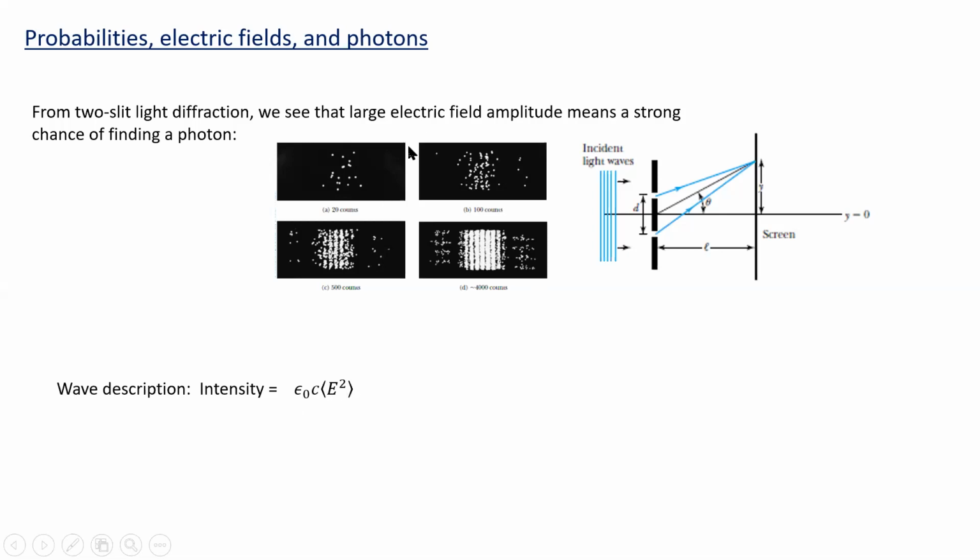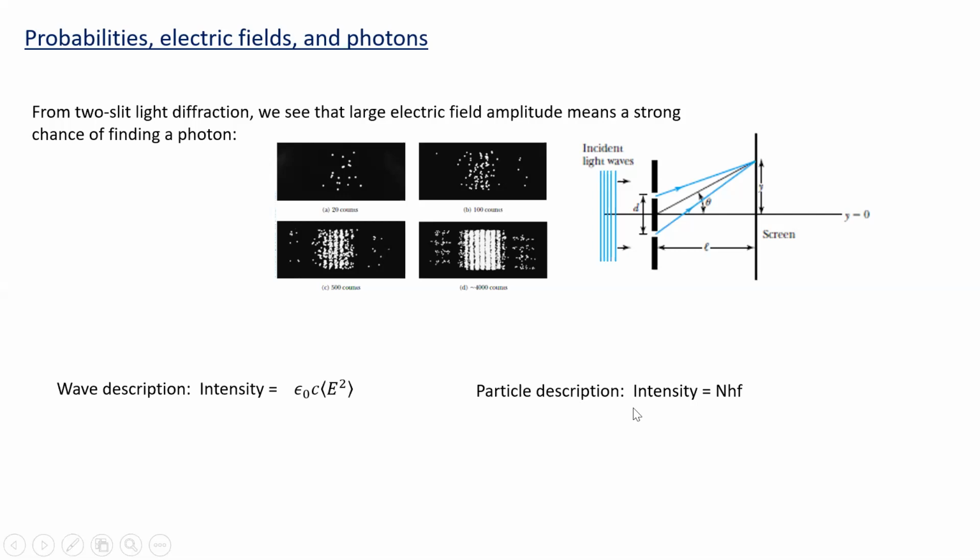So the guiding wave, the electric field amplitude squared, tells us the intensity of the light at a given point. Meanwhile, in the particle description, the intensity would be n, the number of photons hitting in a certain area, times hf, the energy of each photon.